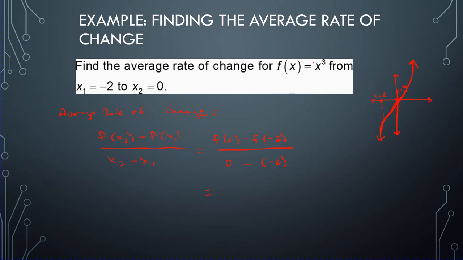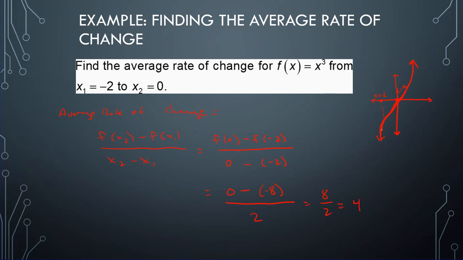Well, look, f of 0, when I plug 0 into this, is 0. When I plug in -2, -2 cubed gets me -8. Divided by 0 minus -2, which becomes a plus 2. So 0 minus -8 is 0 plus 8, which is 8 over 2, which is 4.